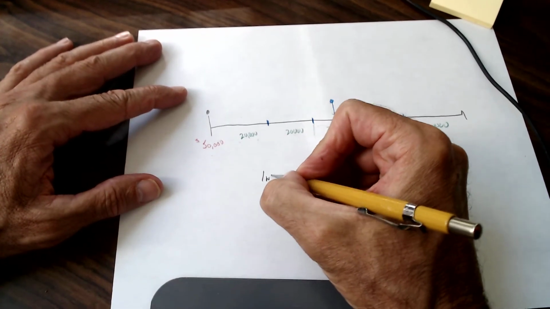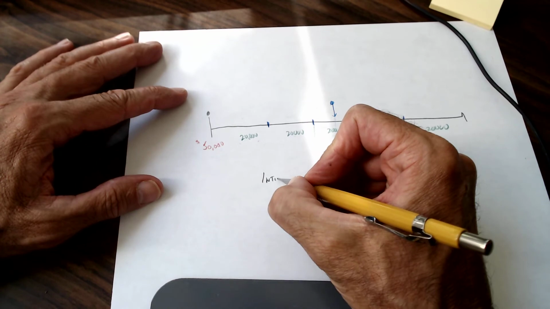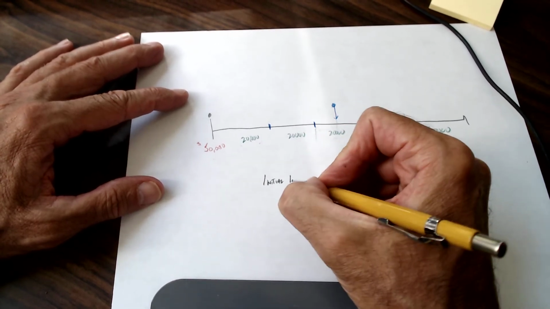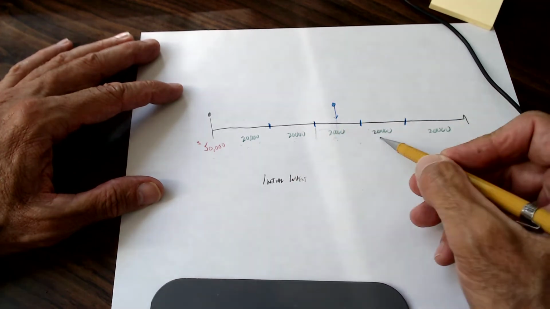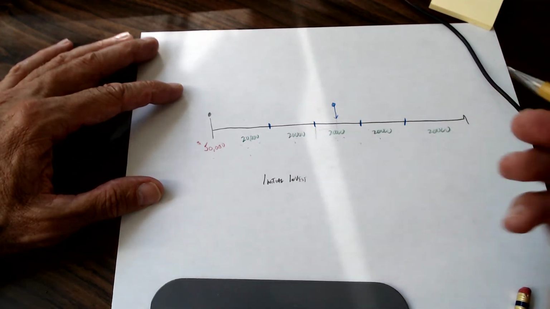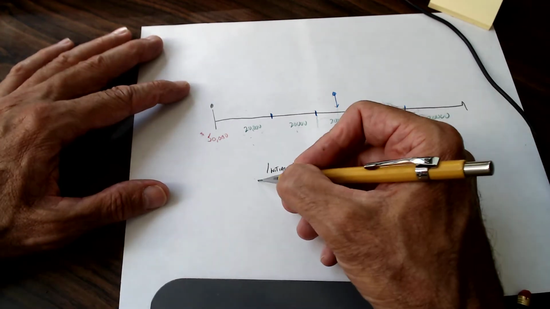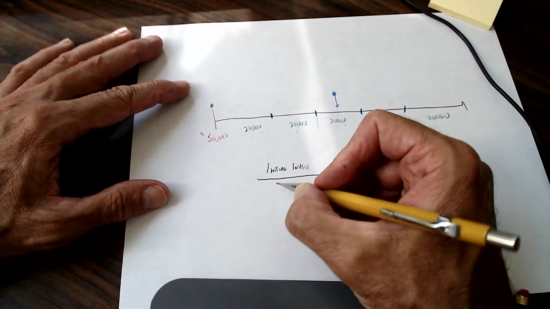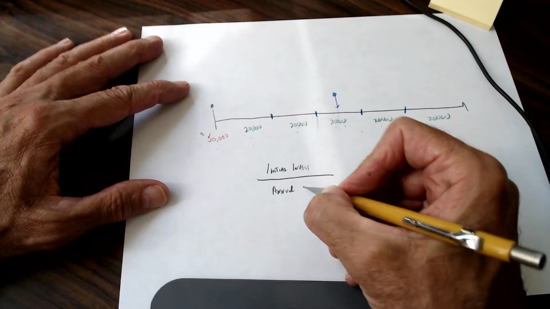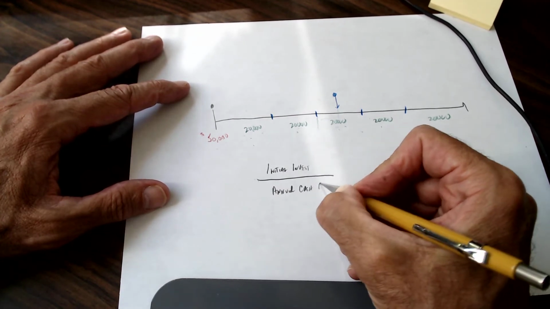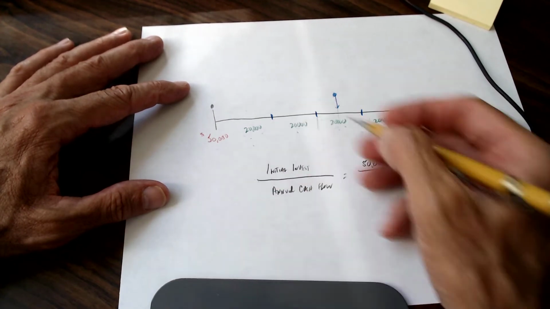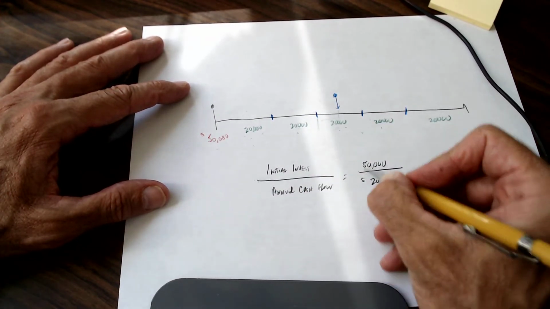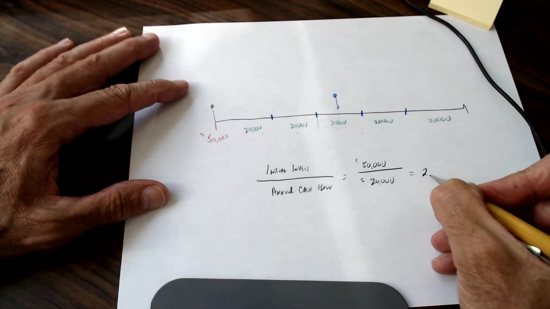Well, the formula is this. It's just your initial investment, and if this is an annuity, and you see this is an annuity, it's the same amount every year at equal intervals, you divide the initial investment by the annual cash flow. $50,000 divided by $20,000 per year, if you do it on a calculator, is 2.5.